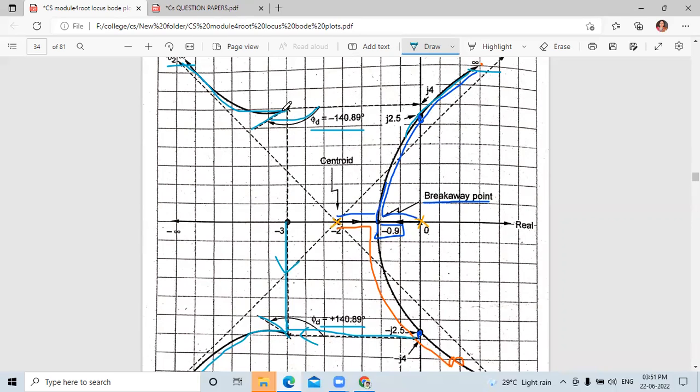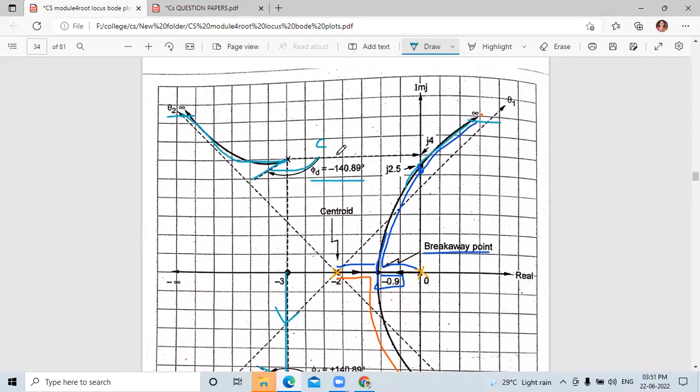The complex branches do not intersect the imaginary axis; they go directly towards infinity without touching it, staying in the left half of the S plane only.